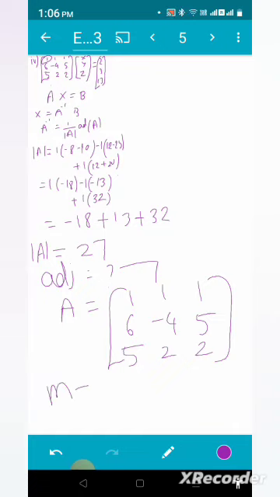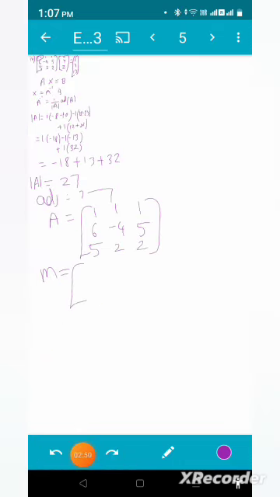So first we have to find the minor value for this matrix. The corresponding row and column get cancelled. Minus 8 minus 10 is minus 18.